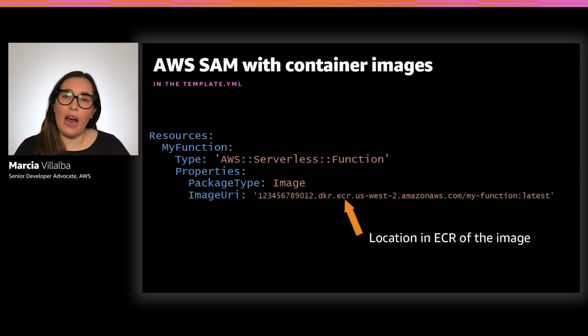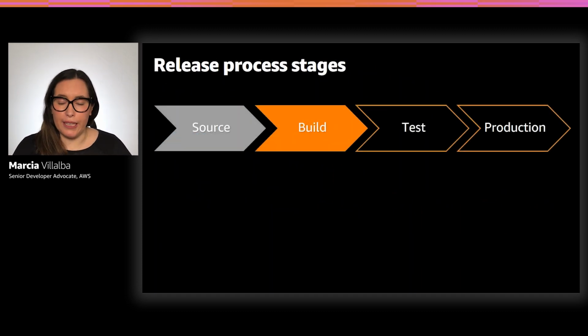And then if we open our SAM template, we will see that there is a new attribute called PackageType: Image. If we leave it empty, it will consider that our Lambda function is using zips. But if we put Image, it will say, okay, it's using a container image for its code. And then we need to provide the image URI, and that's the location of the image in the Elastic Container Registry.